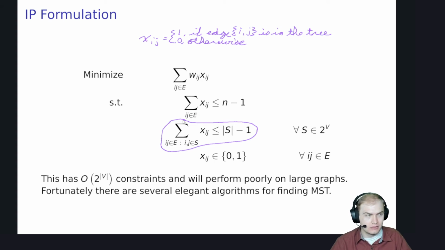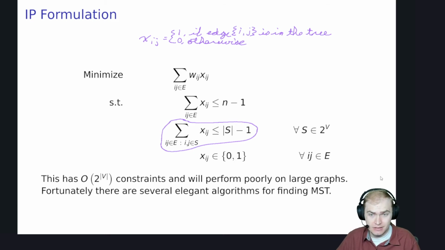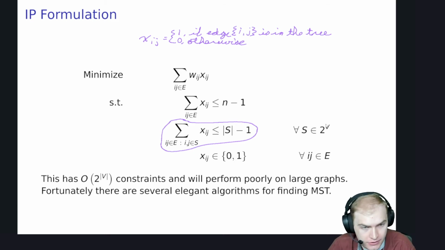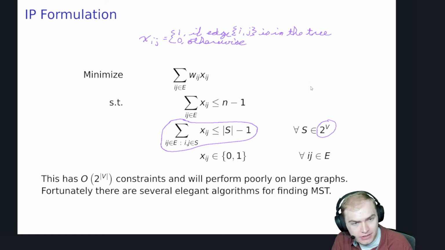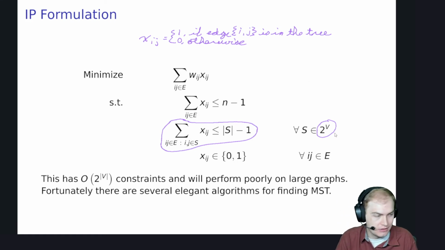And we'll talk a lot about it in DOR2 and how to deal with it. But this just says that for any subset of vertices in the graph, so 2 to the V is the power set of vertices, it's just the set of every subset, every possible combination of vertices.